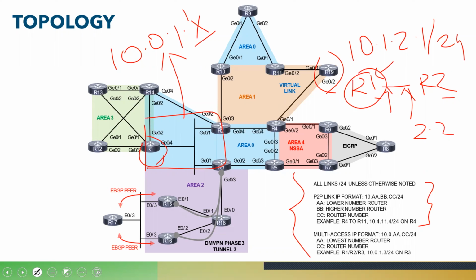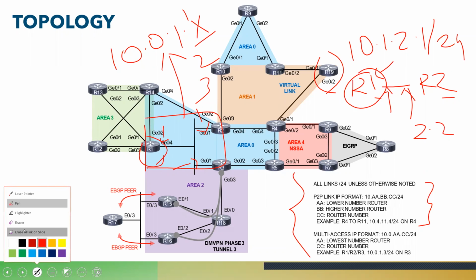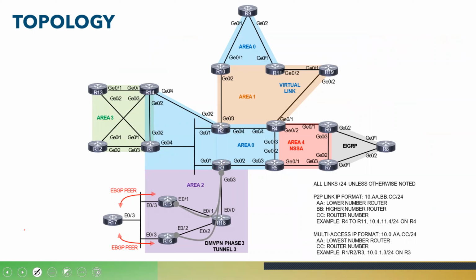So here the IP is 10.0.1.1, here the IP will be 10.0.1.2, and in this interface the IP will be 10.0.1.3. So it is an easy type of address formatting. Two different types of interfaces are there, broadcast and point-to-point, and you can understand the IPs.